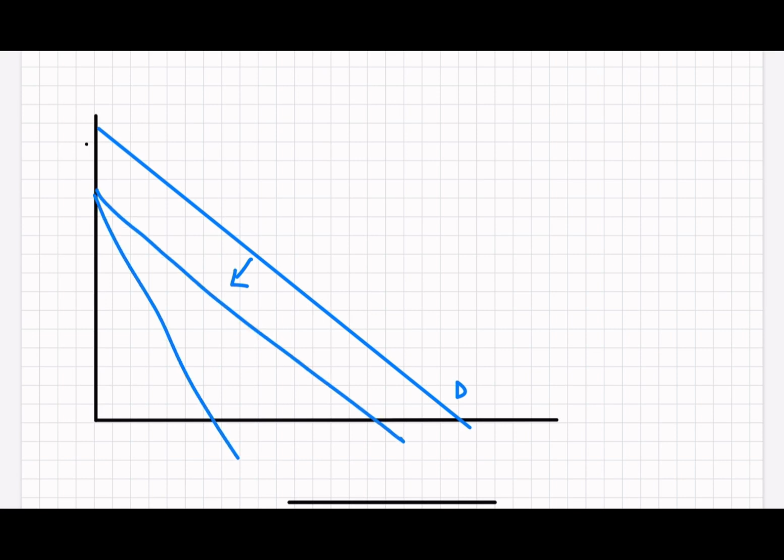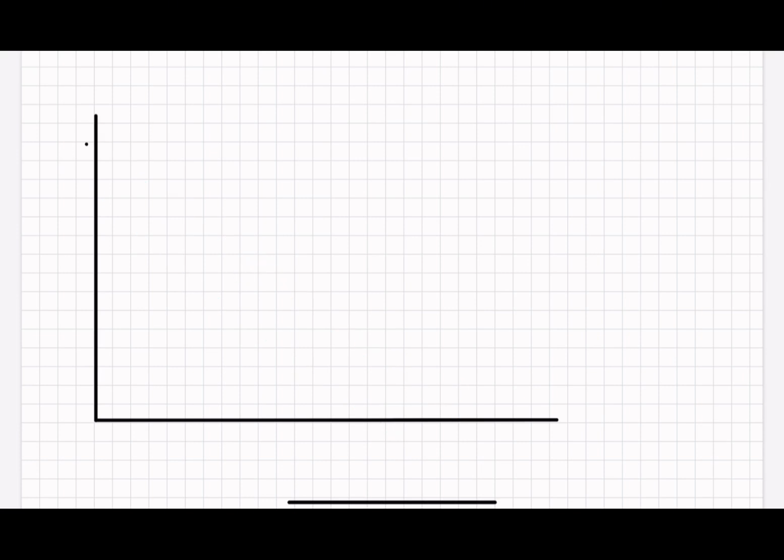That's going to cause the marginal revenue curve also to shift down, because these are not perfect substitutes, but they are substitutes. So what we get for the end game in monopolistic competition is that our demand curve shifts down and our marginal revenue curve also shifts down.